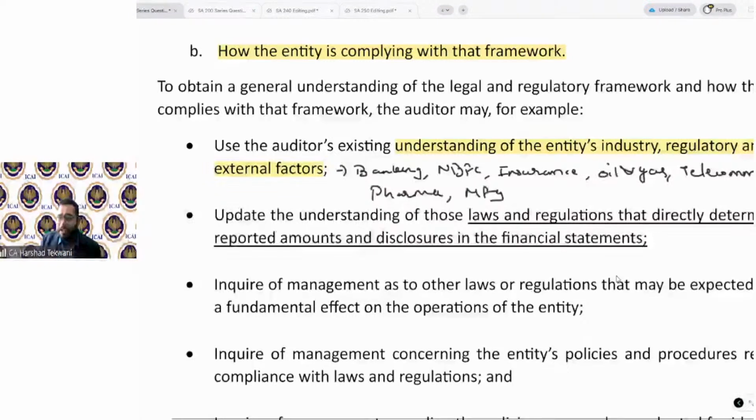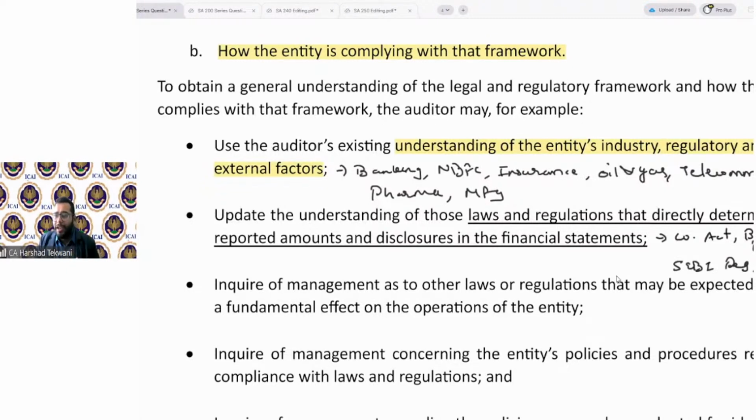Which laws and regulations can be, for example, the Companies Act, Banking Regulation Act, or SEBI regulations, etc.